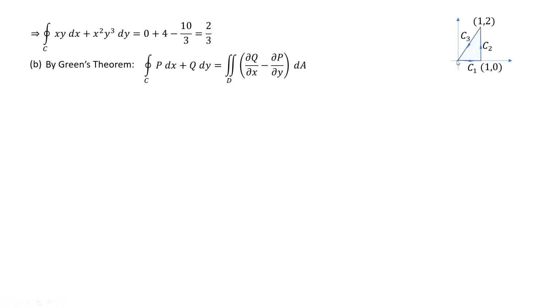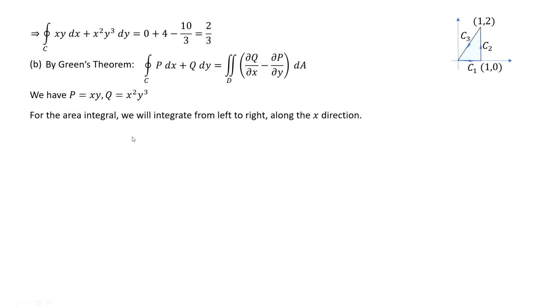I think in this case I have chosen to draw a representative rectangle vertically, which means at the end I will integrate from x equals 0 to x equals 1. Okay, so we have P equals this, Q equals this. For the area integral, we'll integrate from left to right, that is along the x direction. This means we have 0 less than or equal to x less than or equal to 1.